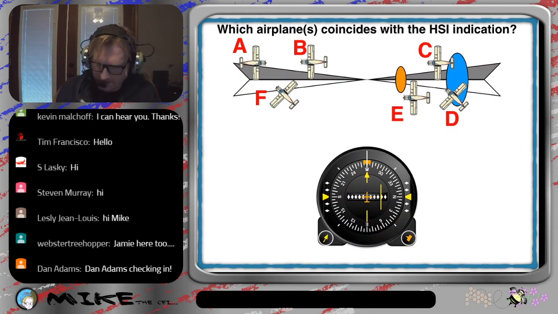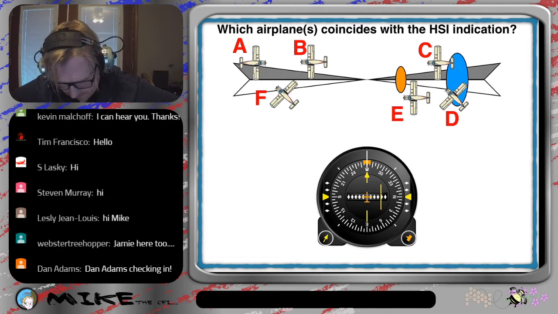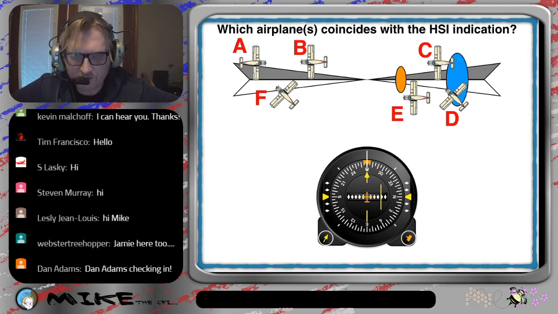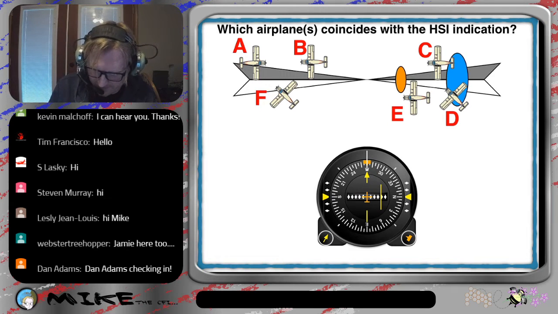Looking at the next indication here, we have an HSI that's tuned to the front course, and we have a right needle deflection, and we are facing the west.